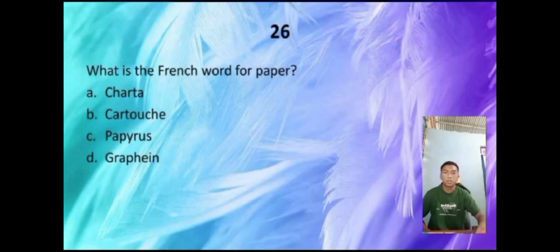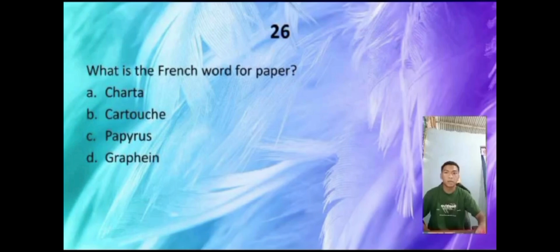It is a decorative element na minsan ay oval or rectangular in shape and ginagamit sa architecture at minsan ay ginagamit ng sovereigns or mga taga-gawa ng batas. And C, papyrus. It is a writing material na gawa sa papyrus plant.